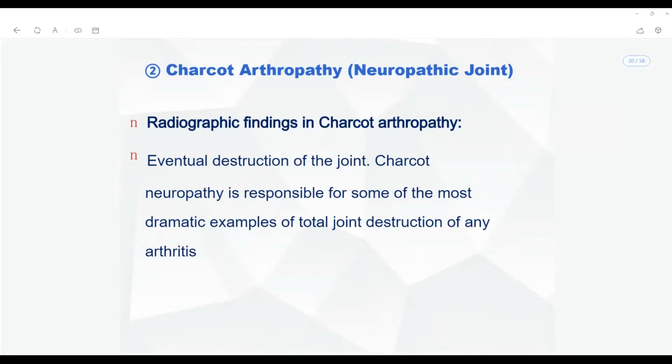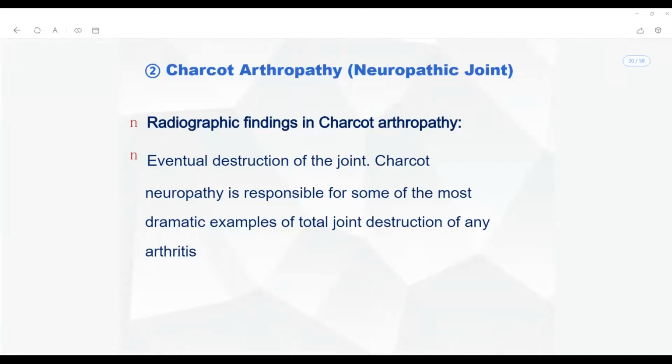Who doesn't like cotton candy? Everybody likes cotton candy. See, a joint actually looks like this. It looks like cotton candy that has been licked, so it appears like a licked candy stick. The licked candy stick appearance is the characteristic feature of Charcot arthropathy. Remember it that way.